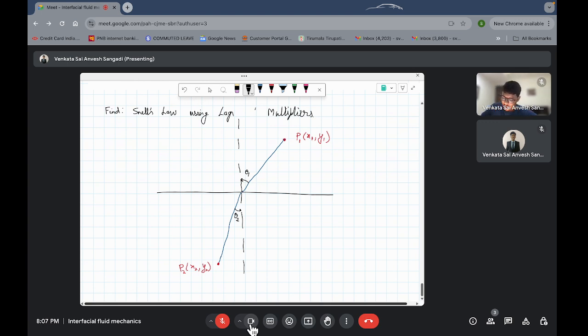So the height here will be y1, here it will be x1, here it will be x2, and y2.